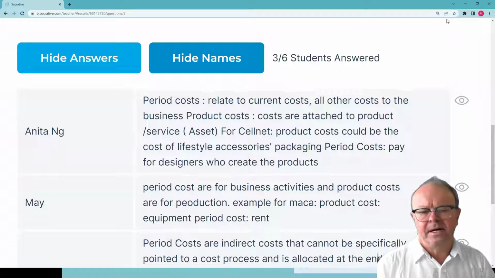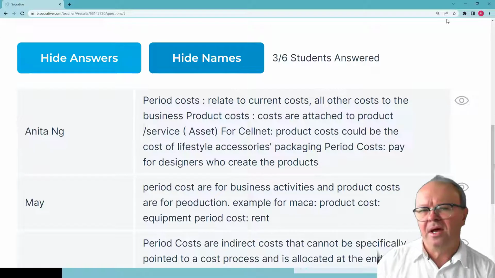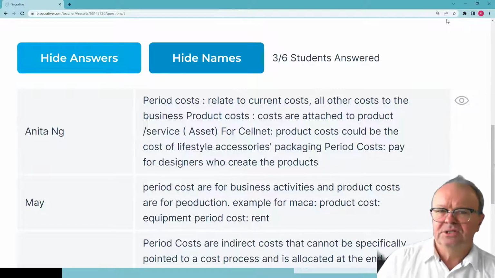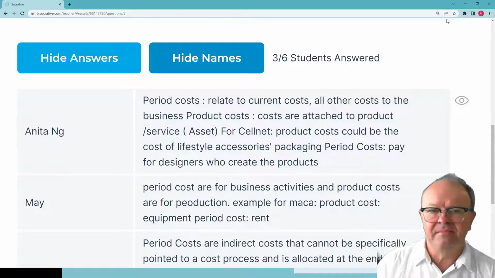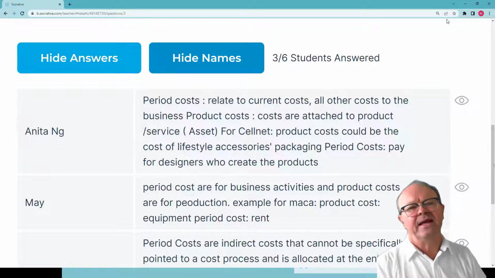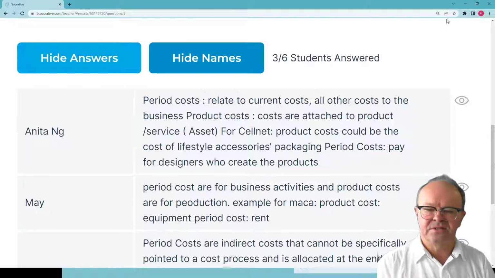And product costs are not just for production. We could just buy things. Shops, their product costs are the costs it costs them to buy it, maybe to transport it, whatever they're allocating to their products. And we can allocate costs to services as well.